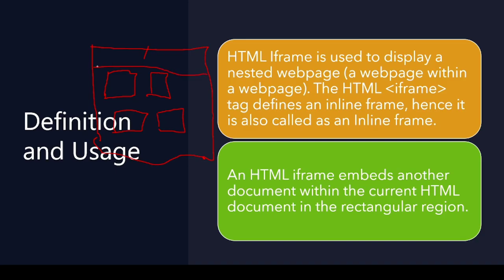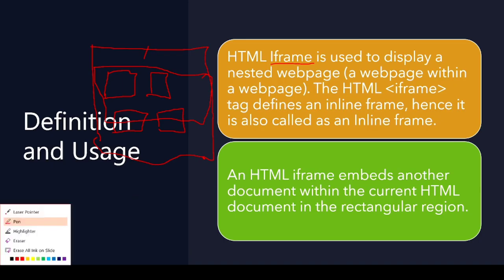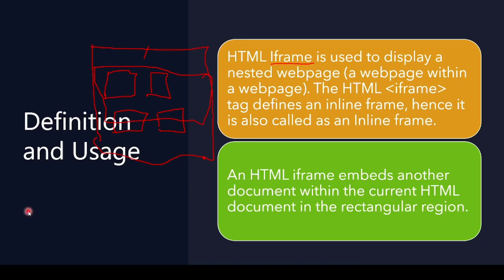For example, in some pages you see a pop-up appear that asks for a subscription or shows an ad; that is an iframe. This is an application of iframe, and it is in a rectangular form, or we can manipulate it with the help of CSS, which we discuss in another video.